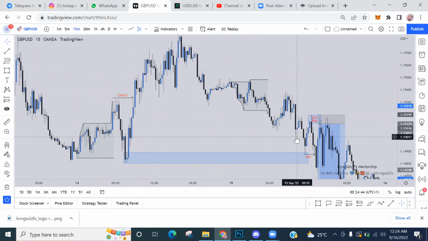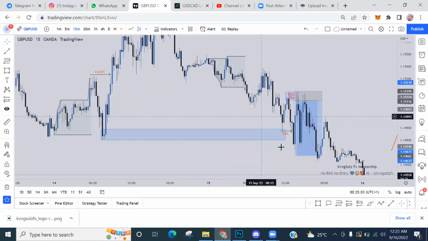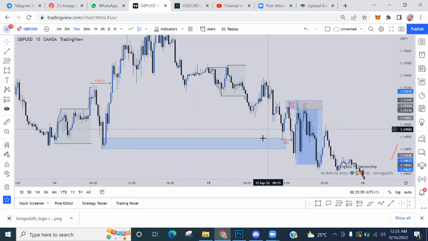I have this tiny imbalance, and also this nice indecision candle. In my next video, I'll teach you what this indecision candle does. Now this order block failed.